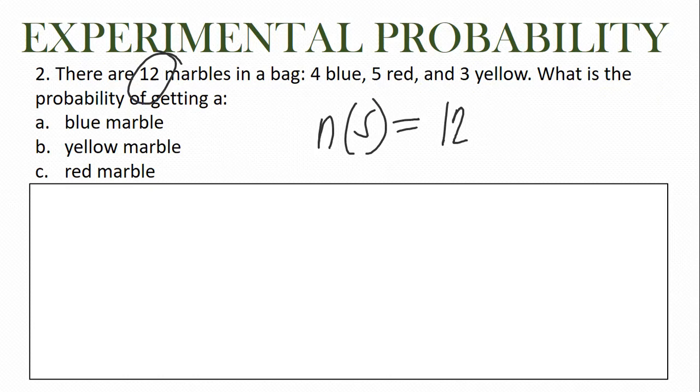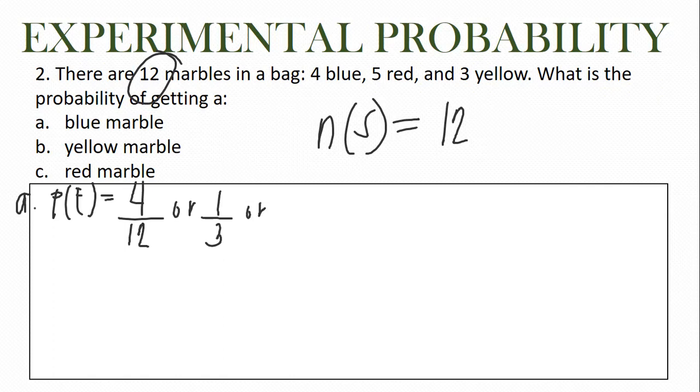Okay? So let's get the probability of getting a blue marble. So blue marble, we have 4 blue marbles. Probability of an event is equal to 4 divided by the number of possible outcomes, which is 12. Yan. So, pwede pa itong lowest term divided by 4. So, we have 1/3.